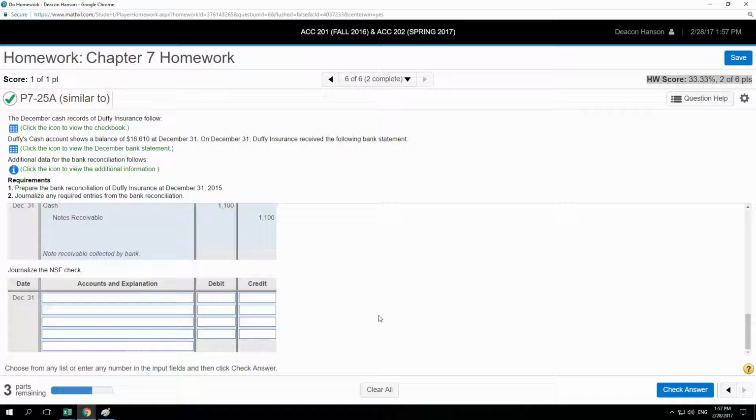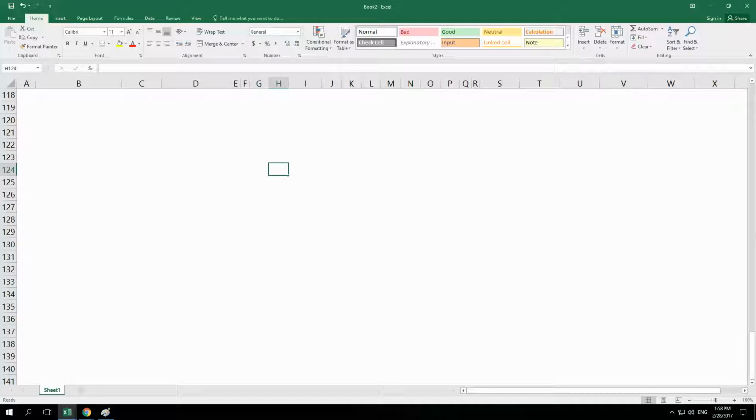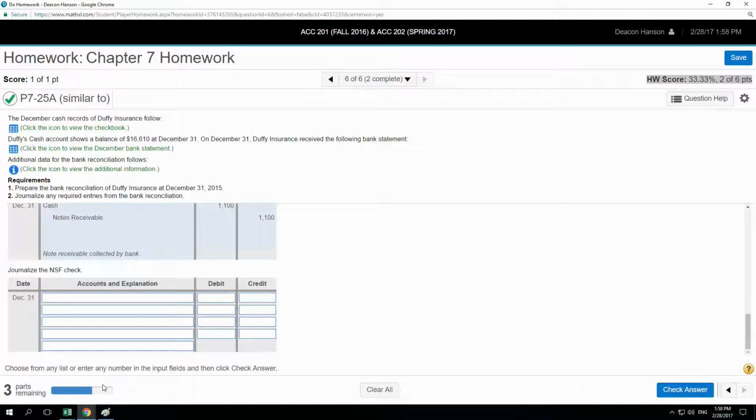Next one, journalize the non-sufficient fund check. So with the non-sufficient fund check, you probably need to think back a couple steps. What happened first was you debited cash and you probably credited accounts receivable for the collection from this customer. So let's see, how much was it?